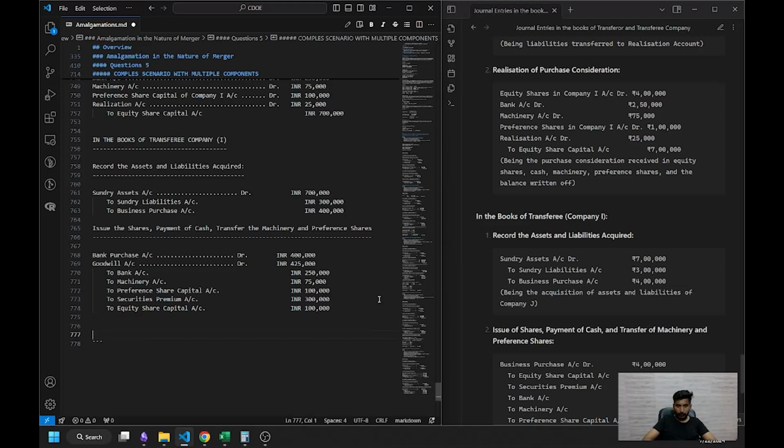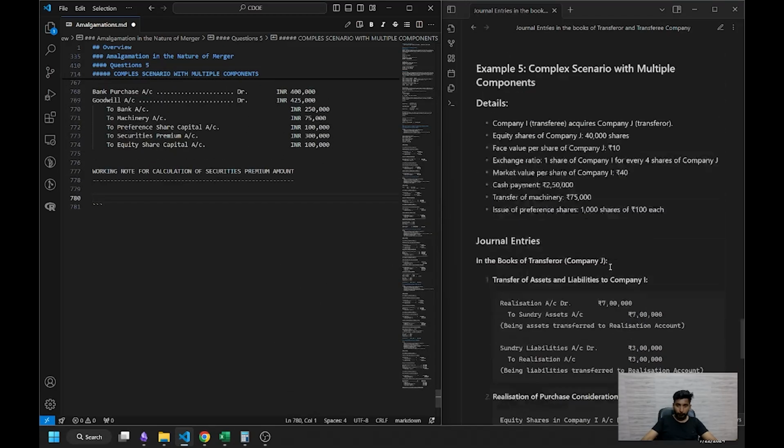Okay. Now let us just do the last step, that is the working note for calculation of the securities premium amount. How so? Let us go to the details.